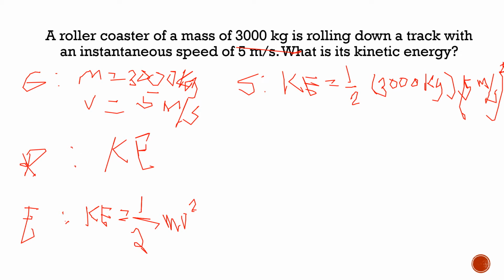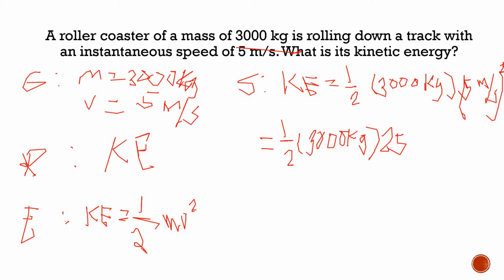So here we have 1/2 multiplied by 3,000 kilograms. Let us first simplify the speed. 5 squared is 5 multiplied by itself, so 5 times 5 is 25.